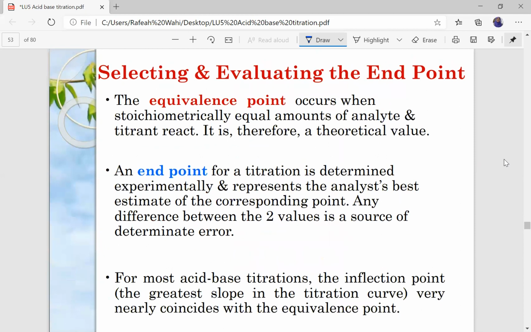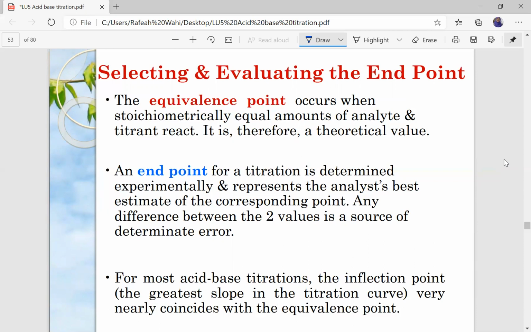Now let's move to the endpoint determination. We are going to look at how we select and evaluate the endpoint. Again, this is some revision on what we discussed in the first part of this learning unit.